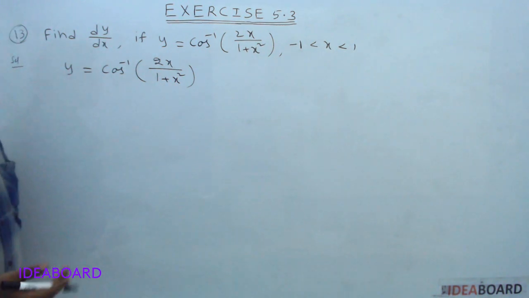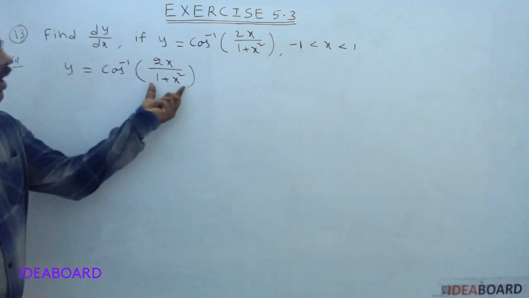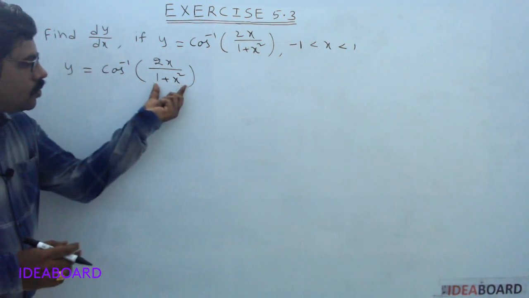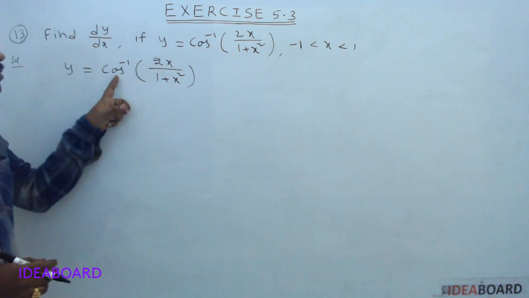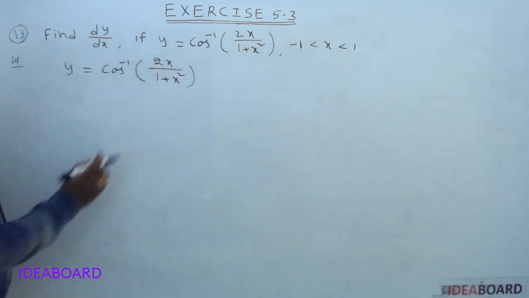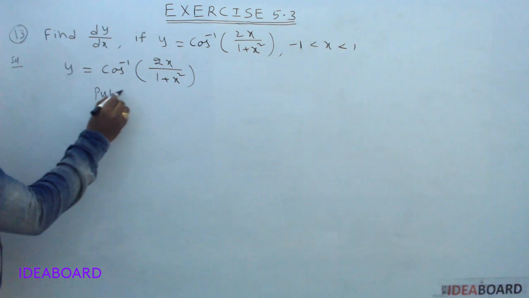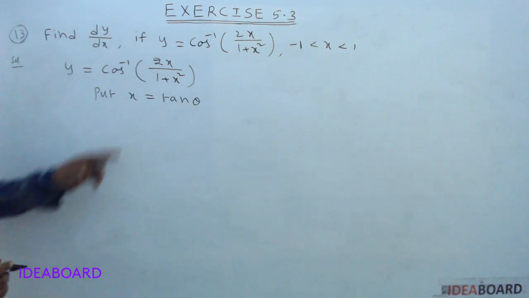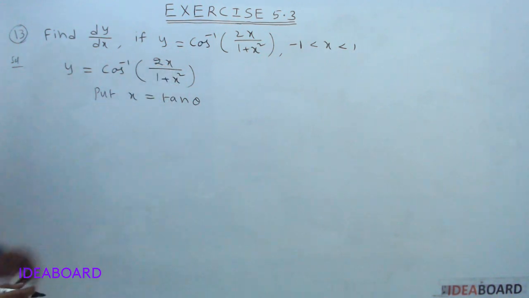Now like previous problems, first try to convert this bracket value in terms of cos inverse, so try to convert this value in terms of the cos function. For that, I will take the substitution x equals tan theta.